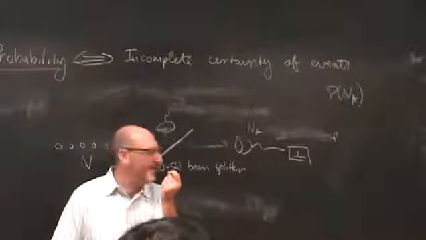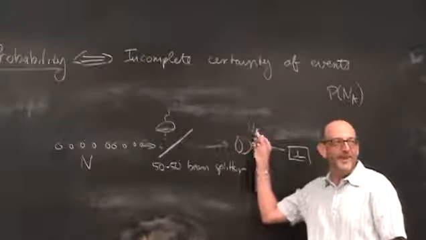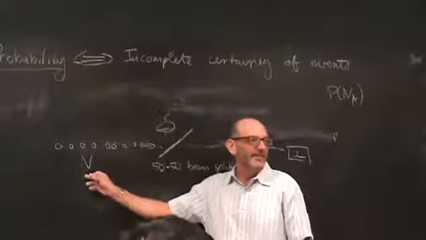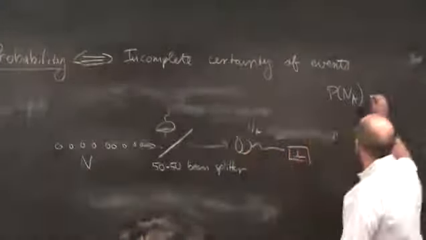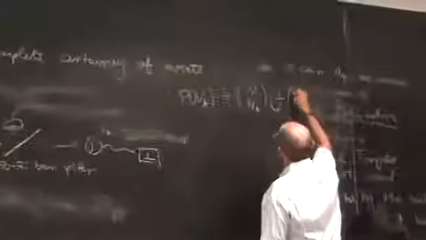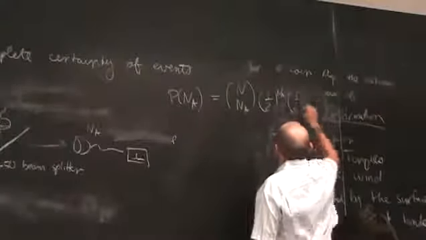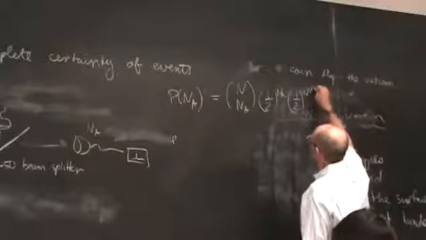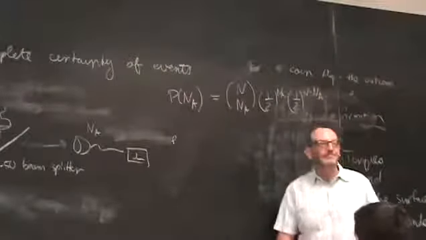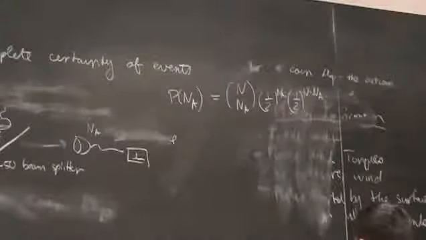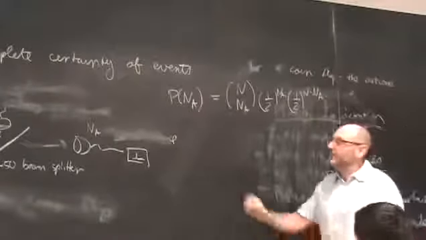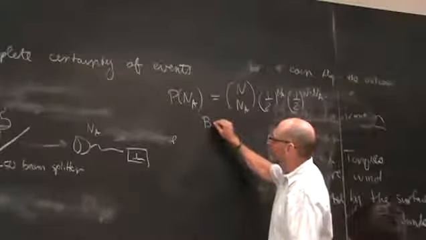probability theory. There's a number of different ways I can choose n sub a photons out of n photons. This probability times a half to the power n_a times a half to the power n minus n sub a, right? That's a binomial distribution.